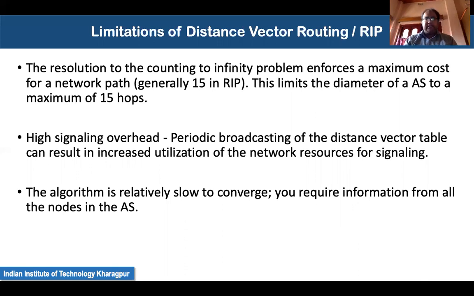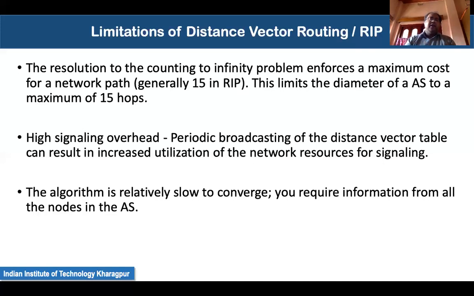Typically that setup is 15 in the routing information protocol. So whenever a particular router is updating its path cost information and it goes beyond 15, it will assume it as infinite, and assume that from this node to that node, no path exists. That way, we basically eliminate the count to infinity problem in a typical distance vector routing setup.